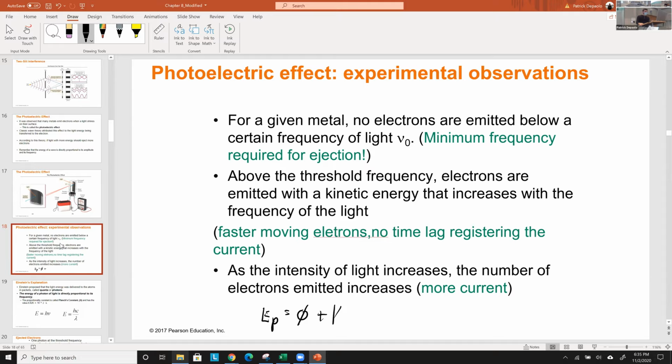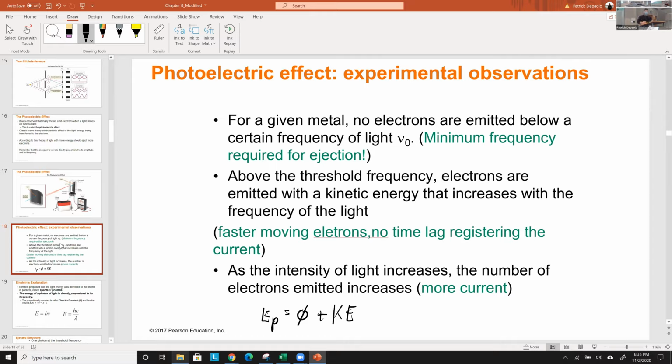So that's where we get this equation. This phi means binding energy, plus kinetic energy. Basically, you have the photon with a specific wavelength, specific frequency, and specific energy that can be calculated. If that energy is enough to knock off the electron of the metal, it will first reach the binding energy.